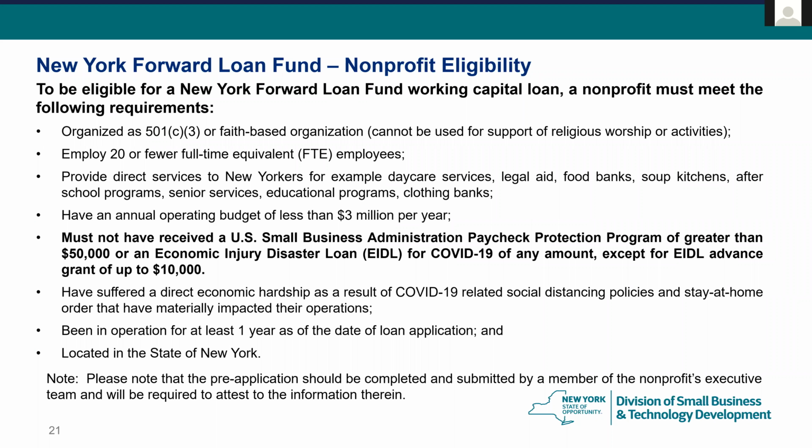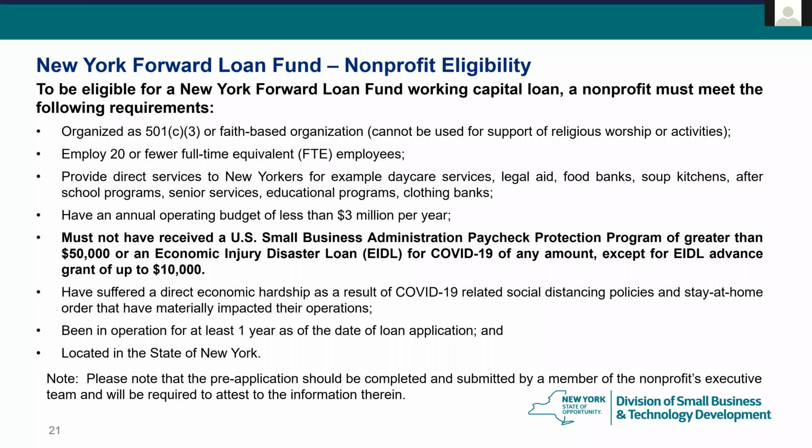Nonprofit eligibility. A little bit different when it comes to eligibility for a nonprofit. So to be eligible as a nonprofit, you have to be organized as a 501c3 organization. So you have to specifically be organized as a 501c3. You can't be a 501c6, unfortunately, or a faith-based organization.